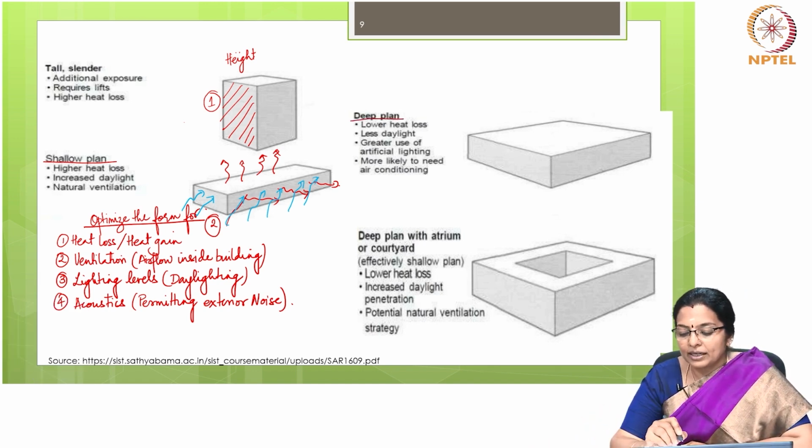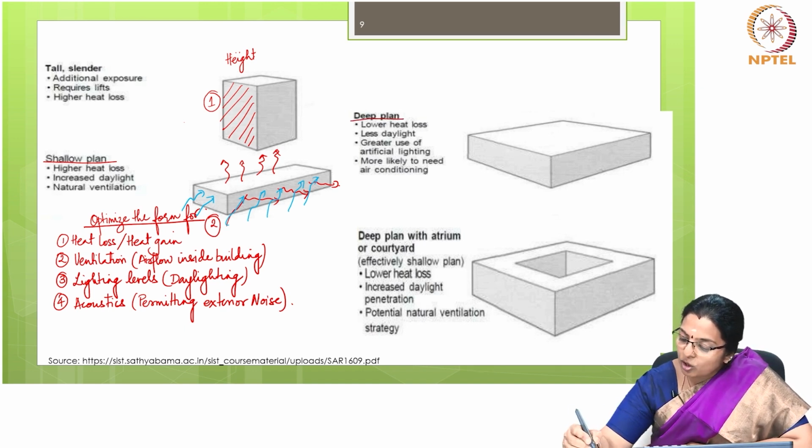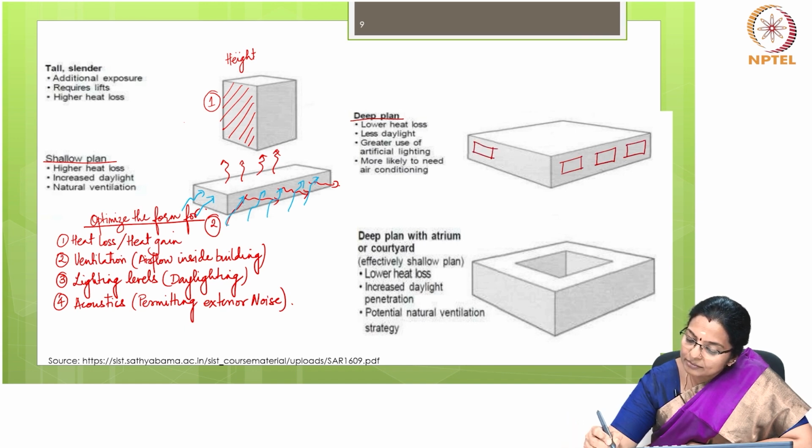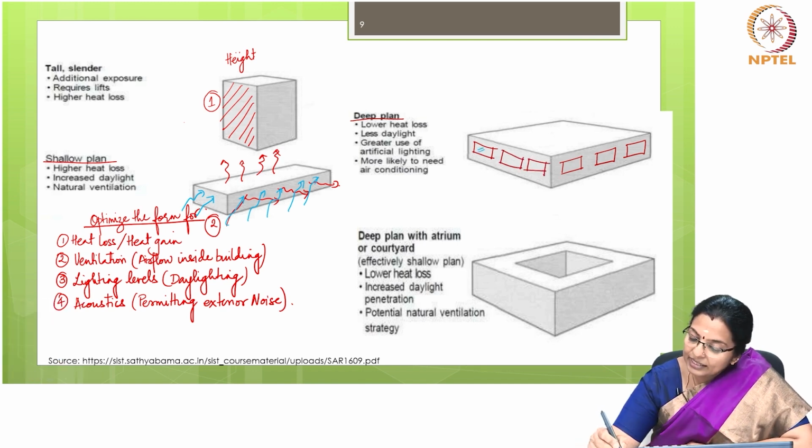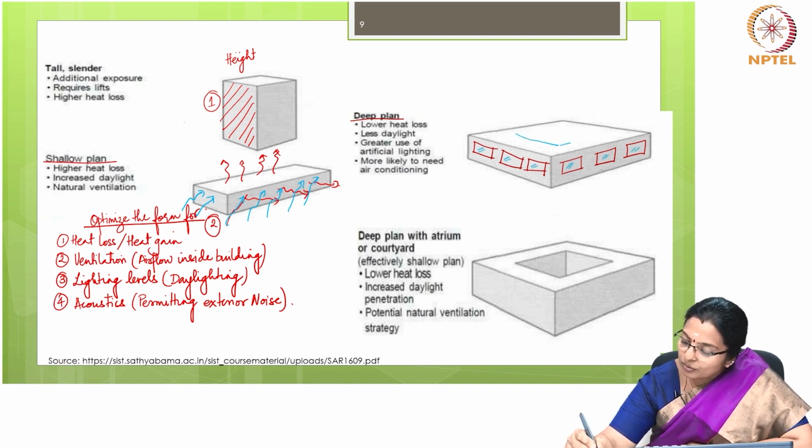In a deep plan, you have lower heat loss, the heat loss is less, the daylight is less, because even if you provide windows here on all of these sides, daylighting is possible only in this zone.